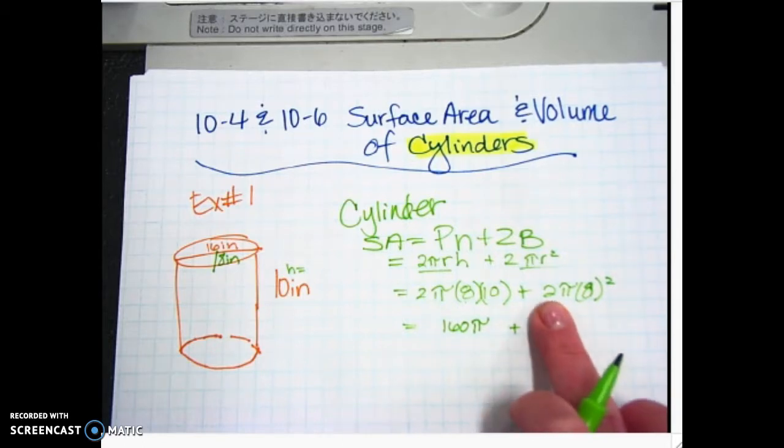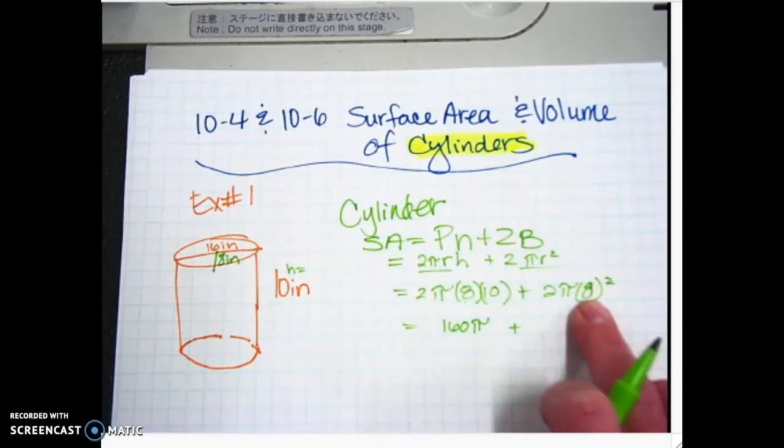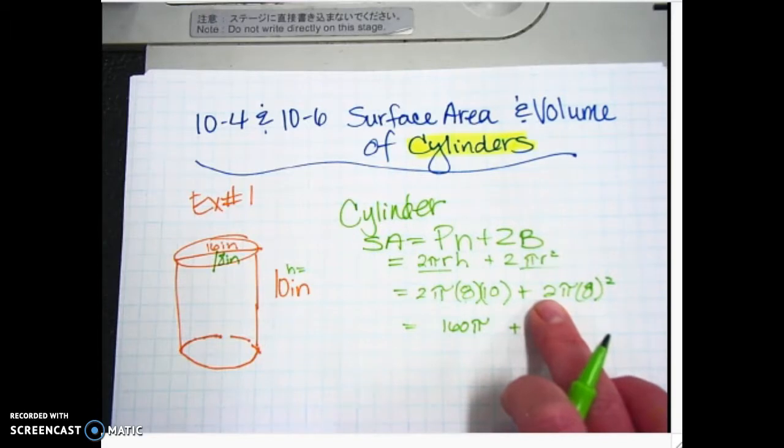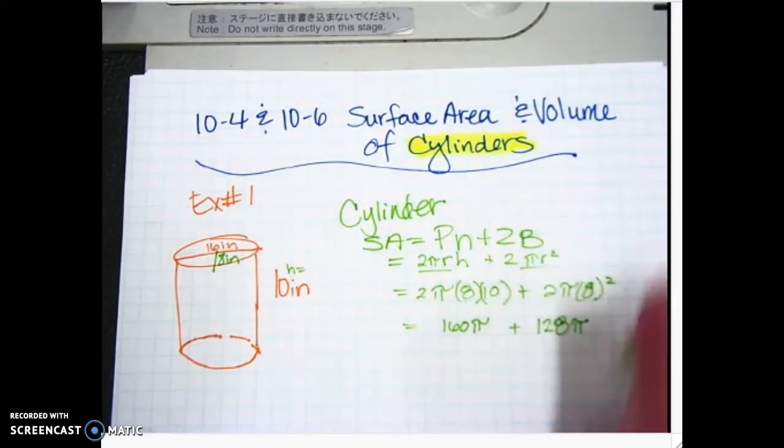So do I multiply first or do the exponent first? Exponent, right? Because of the order of operations, you know that whole Please Excuse My Dear Aunt Sally says you're going to do exponents first. So 8 squared is 64. 64 times 2 is 128. So that's 128 pi.